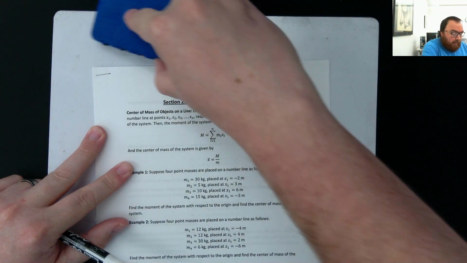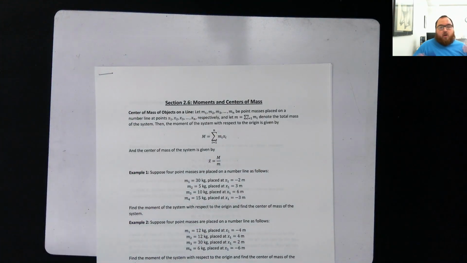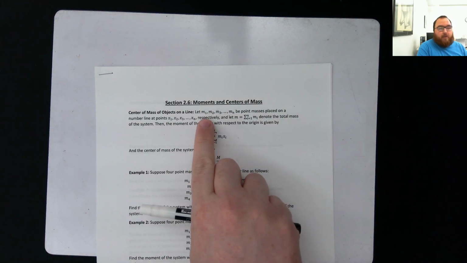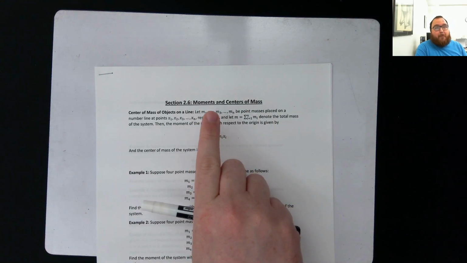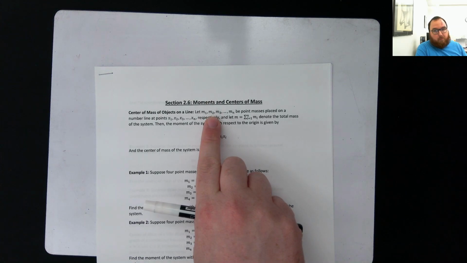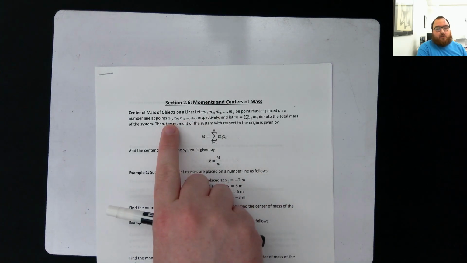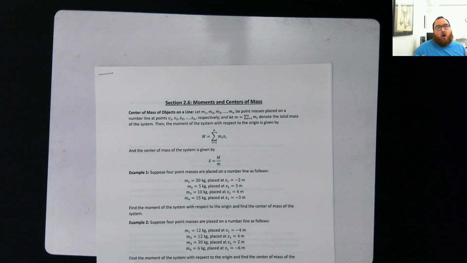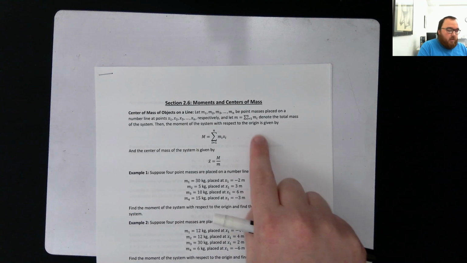Let M1, M2, M3, on and on up until Mn be point masses placed on the number line at points x1, x2, x3 up until xn. So M1, M2, M3 is the mass for each point, and these x values are where each point is on the line, okay?